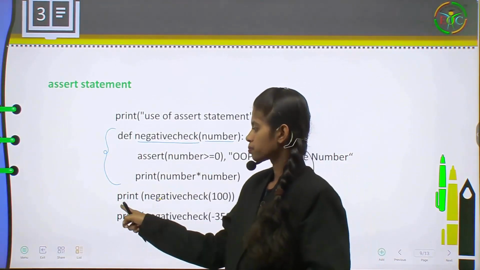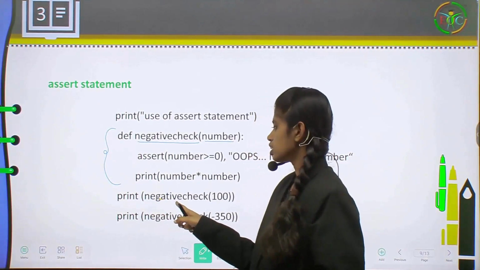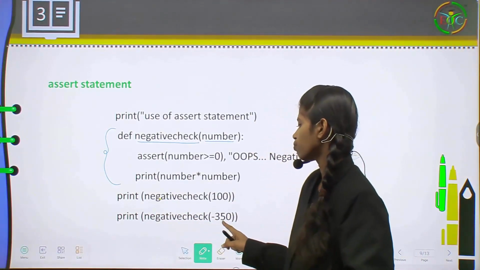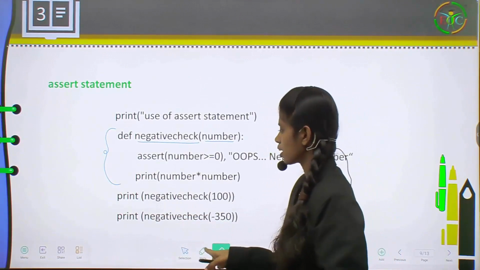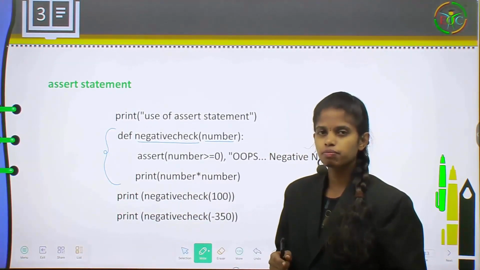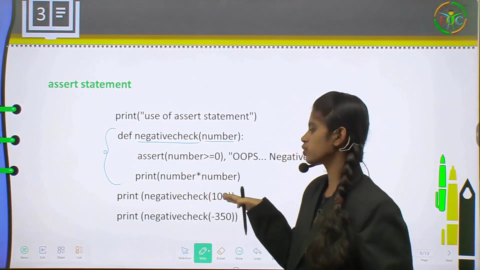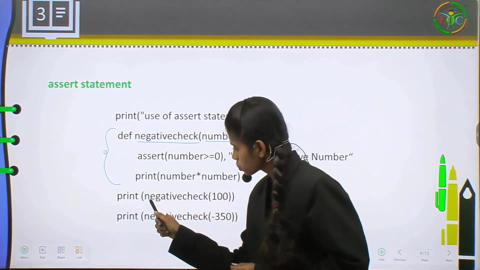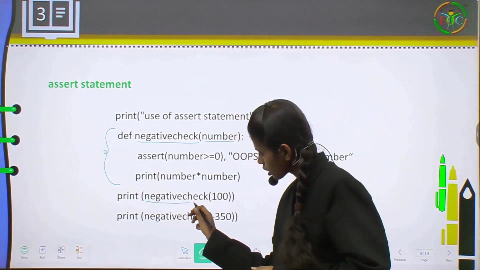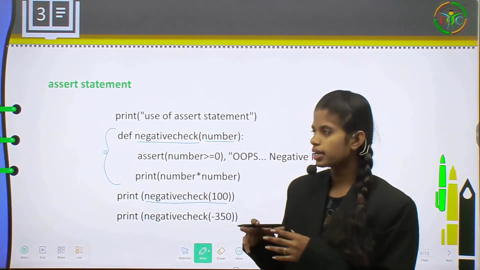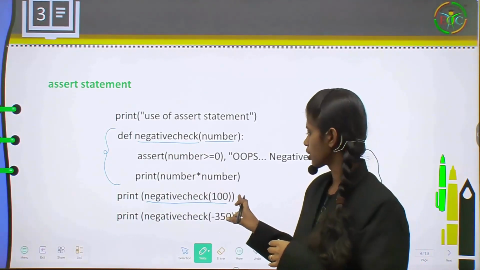And then you have print negative check of 100, print negative check of minus 350. Can you say what these two statements are? First you have print, and inside that you have negative check of 100. This is a function call made to this particular function.